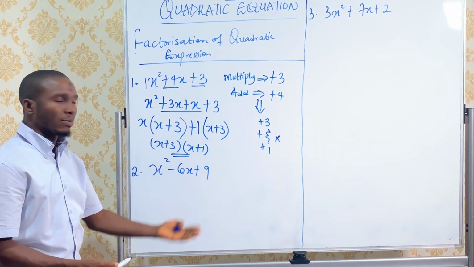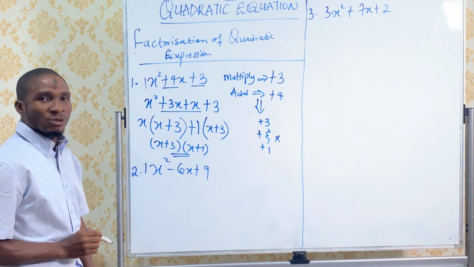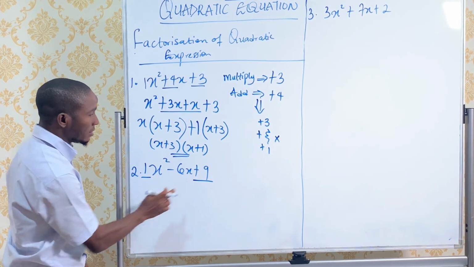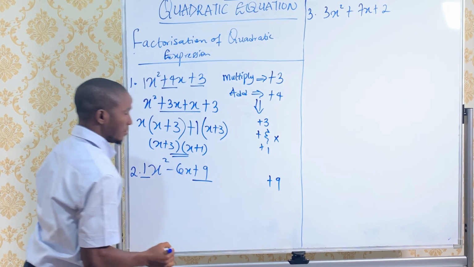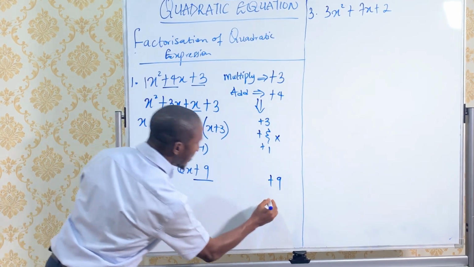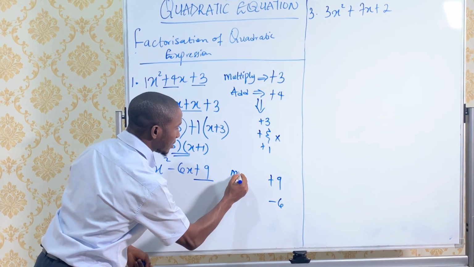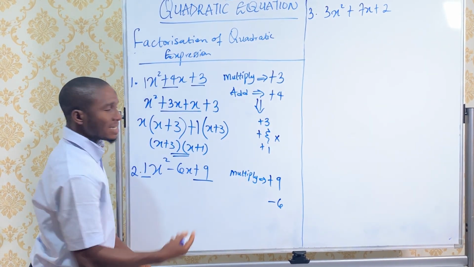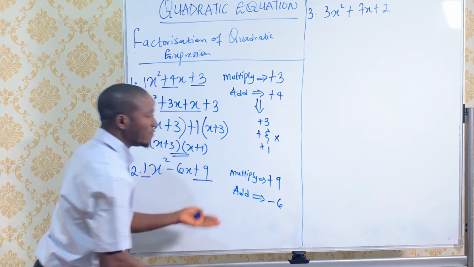Now let's look at the second question: x squared minus 6x plus 9. The same method. The coefficient of x squared here is 1. You pick the first and the last and multiply them together. Plus 9 times 1 gives us plus 9. Then we have minus 6, you put down minus 6. You think of two numbers that when you multiply give plus 9, and when you add give minus 6.